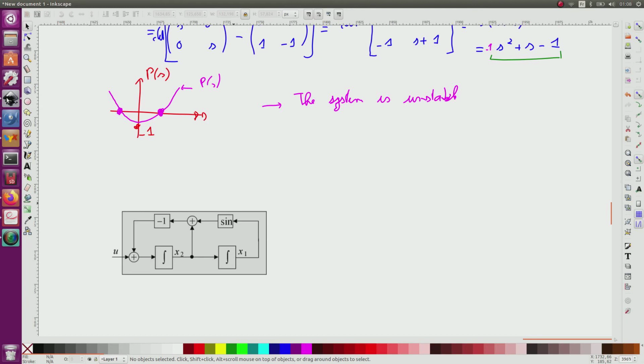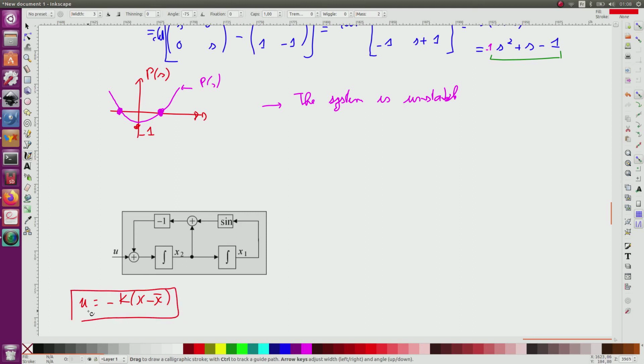So this is my system, and I have to find a controller u equal to minus k times x minus x bar. It is a state feedback, so I assume that I know x, and I will compute u.